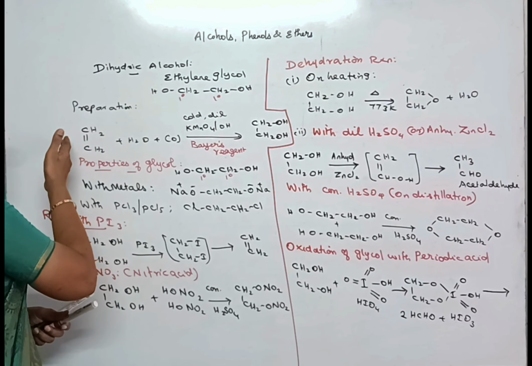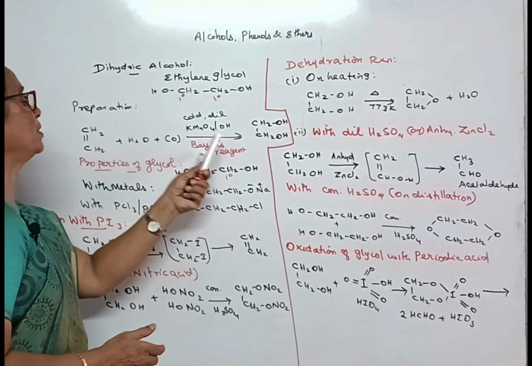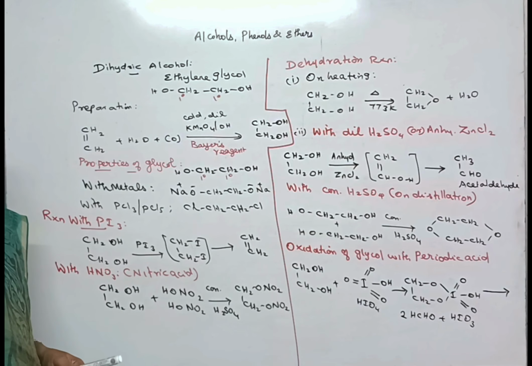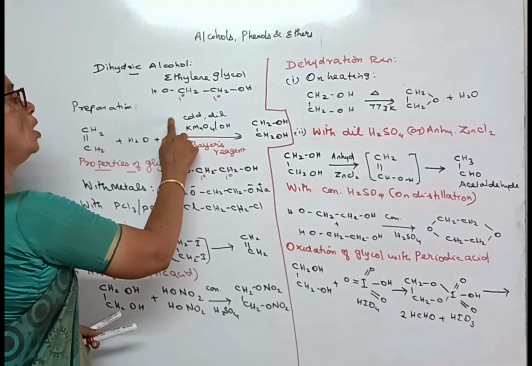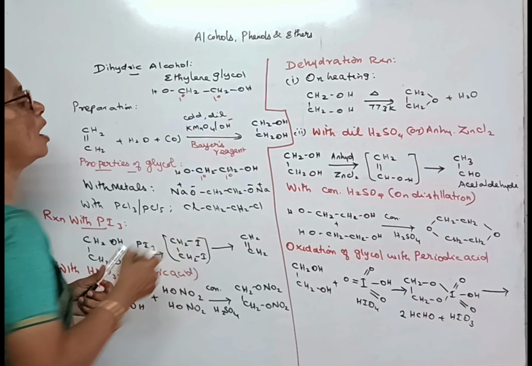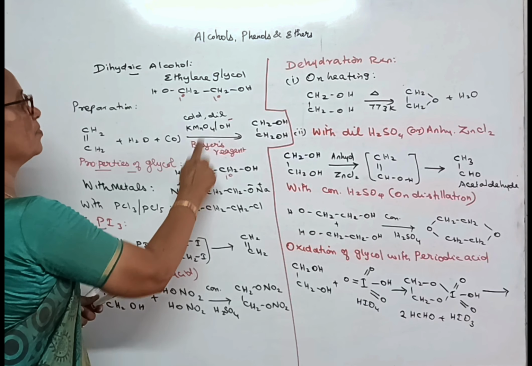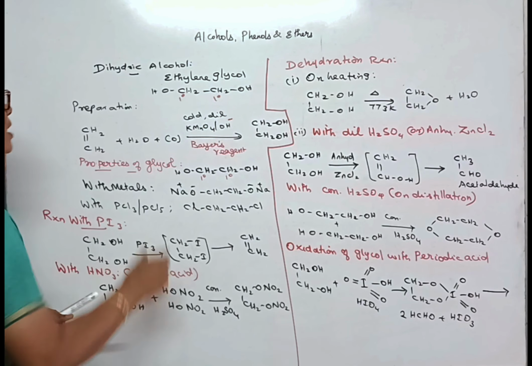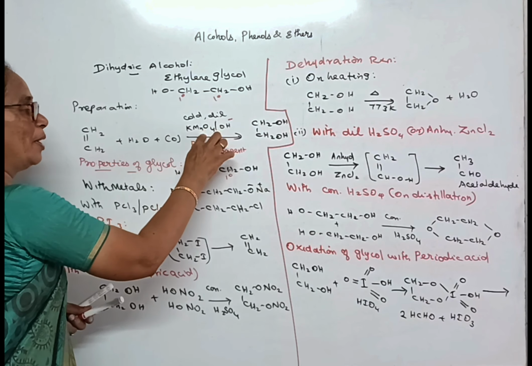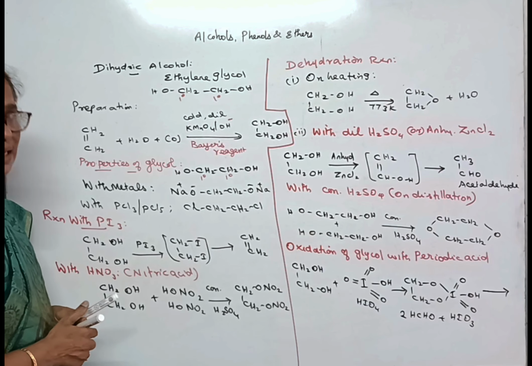Ethylene glycol is prepared from ethene, when ethene is oxidized in the presence of Bayer's reagent. Bayer's reagent is cold dilute alkaline potassium permanganate. We said dilute, so it has water, and the permanganate is an oxidizing agent, so it provides nascent oxygen.